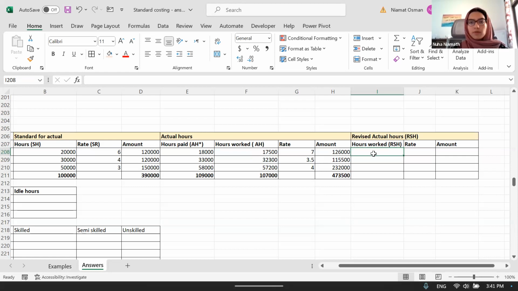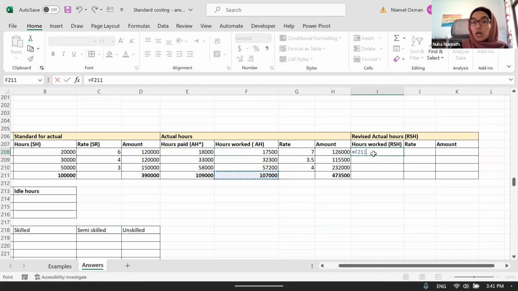21,400. Okay, perfect. So how did we get this? We take the total hours worked and multiply it in the ratio of the standard hours required. That will give us 21,400.